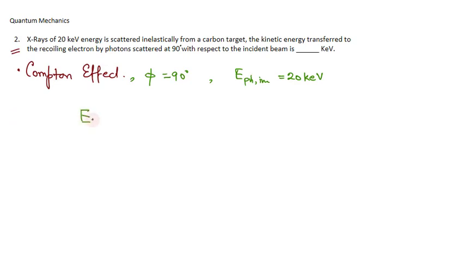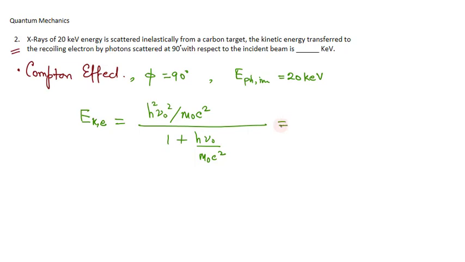There is a direct formula for this topic, and when I deal with the Compton effect in our regular lectures, I will derive this formula. So this is equal to h mu naught squared divided by m naught c square, divided by 1 plus h mu naught by m naught c square. Okay, this is the formula.